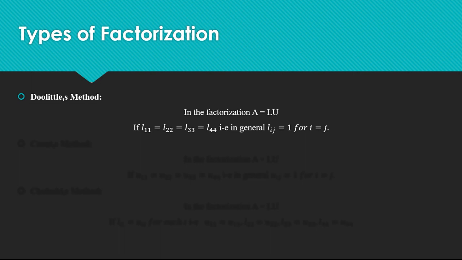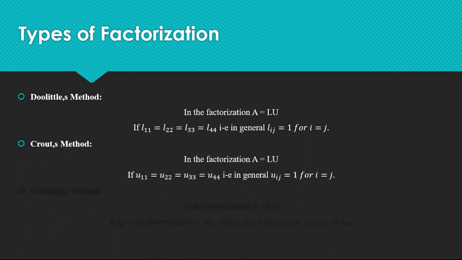They may be 1, 2, 3, 4, 5, anything. But on the main diagonal of the lower triangular matrix, there must be 1 in Doolittle's method. In Crout's method, we can decompose a matrix A into a lower and upper triangular matrix, and the main diagonal entries of the upper triangular matrix will be 1.